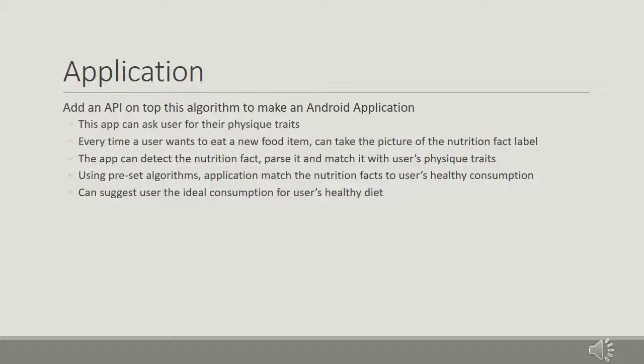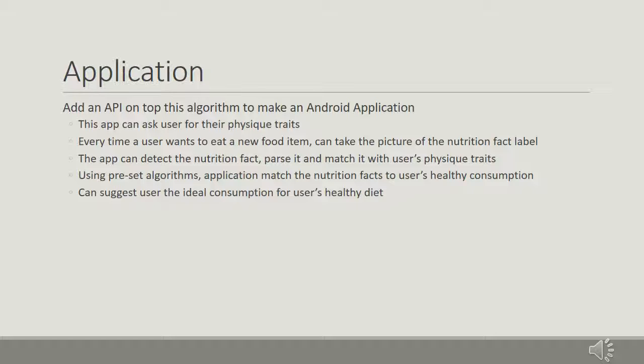The data detected will be given to some preset data set, where according to the person's already given personal attributes like weight, body fat, or blood sugar, the application will suggest how much consumption of this particular food item is good for a person, given the nutrition facts in this table which the app already has.